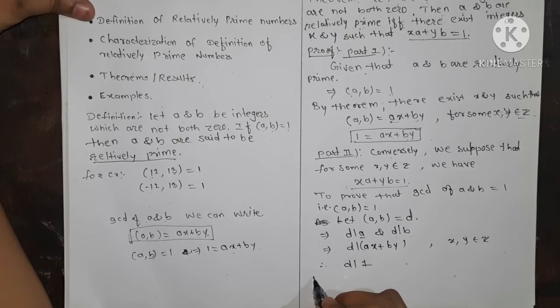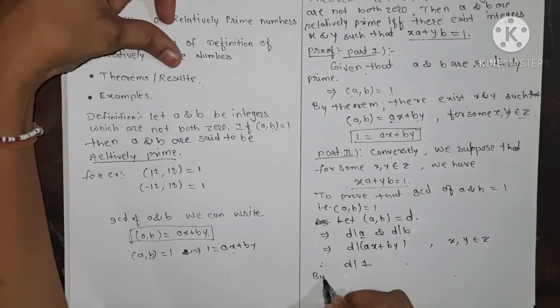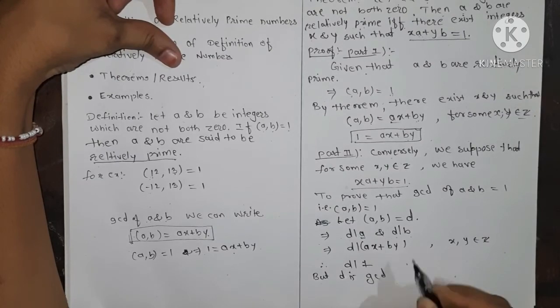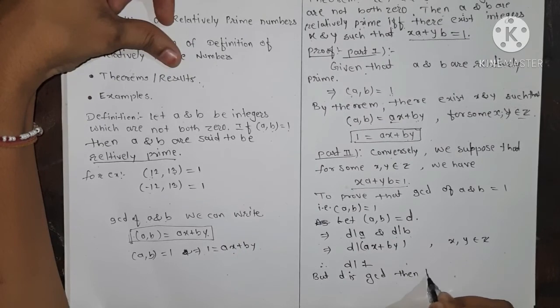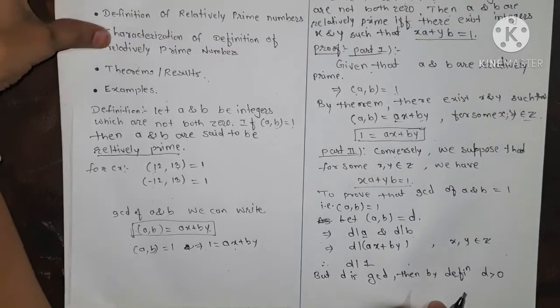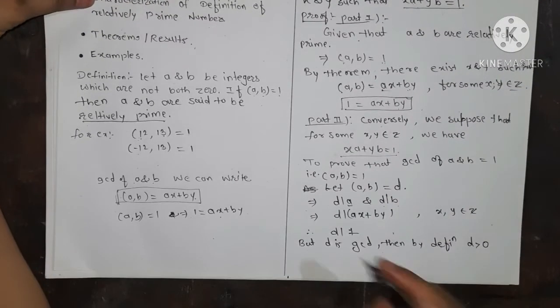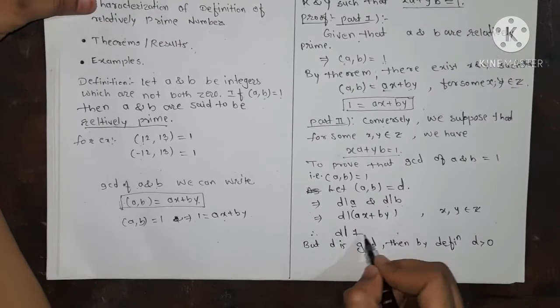But d is a GCD, so by definition d is positive, that is d is greater than 0 and d divides 1.